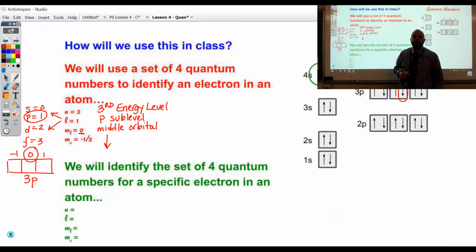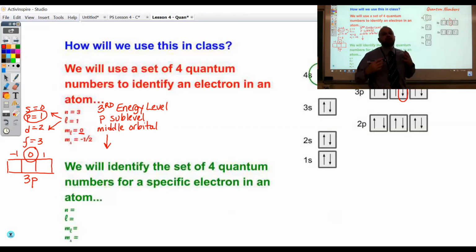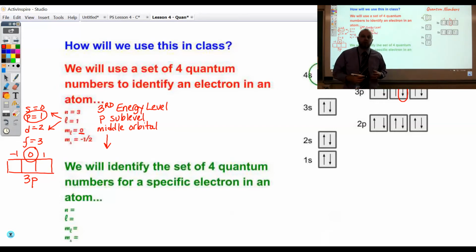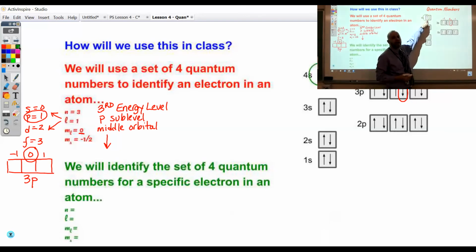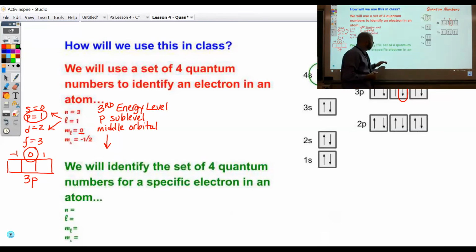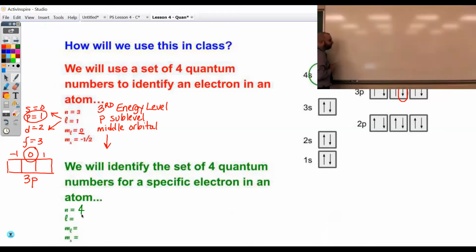The other possible thing that we're going to be asked to do is to identify a set of 4 quantum numbers for a particular electron. So in this case, I have pre-selected this electron here in the 4s sublevel, the electron that's pointing up. When we look at our 4 quantum numbers, if we're in the 4th energy level, that means the first quantum number is going to be a 4.